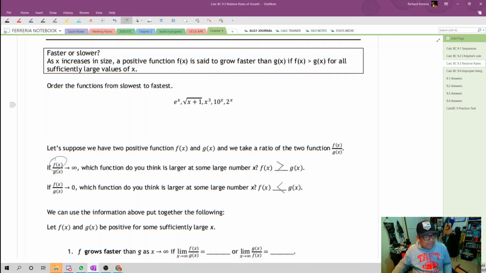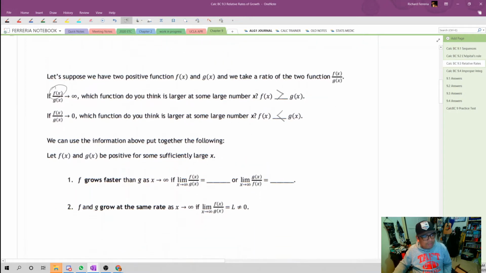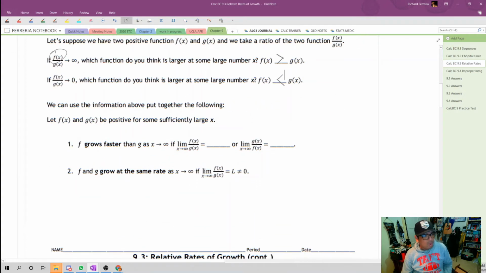We can use that knowledge to put together something like this. We're going to say that f grows faster than g if f is in the numerator and it grows faster, then this limit of f over g as x goes to infinity should trend toward infinity.